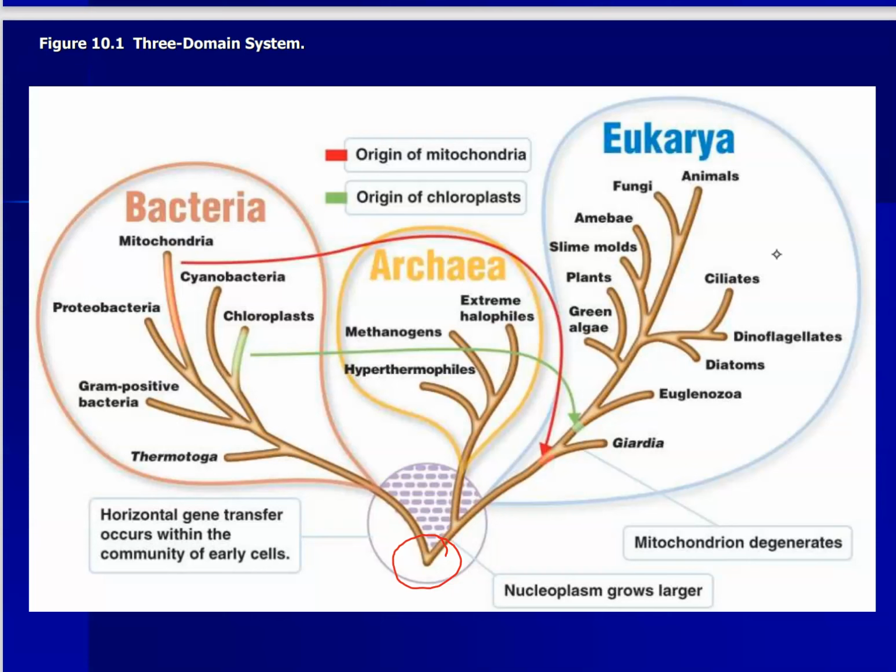The archaea live in very extreme environments, like in very high temperatures, or they are extreme halophiles. That means they live in extreme high salt concentration. So they are very different. Their metabolism is different, and they are very different types of little organisms. And then the regular bacteria, the eubacteria, is over here.